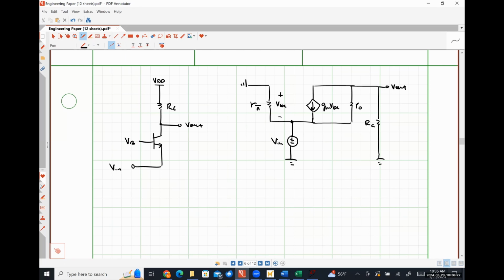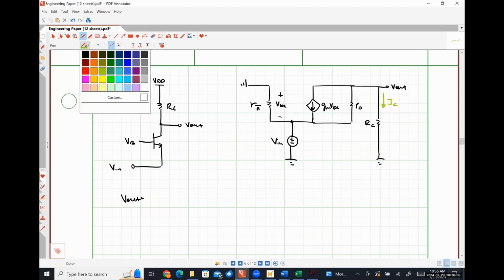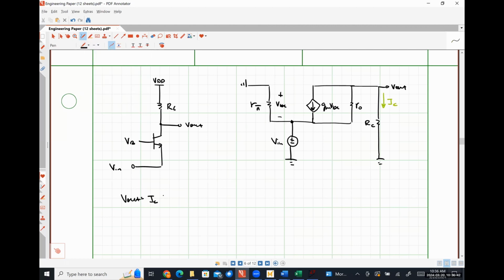So we could say pretty easily that V out is just going to be whatever this current is. Let's call it IC for lack of a better term, times RC, right? Well, what's IC going to be?